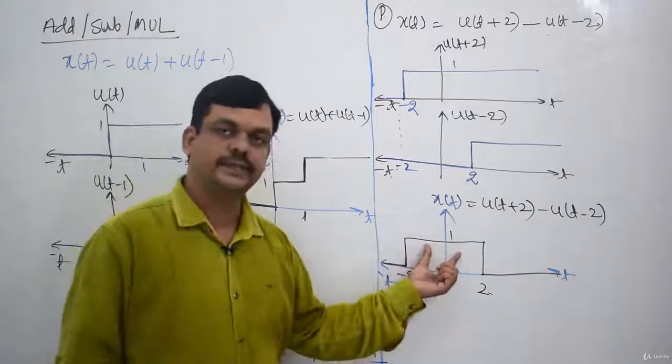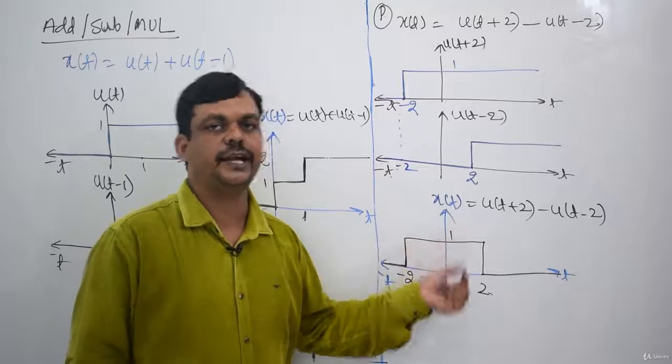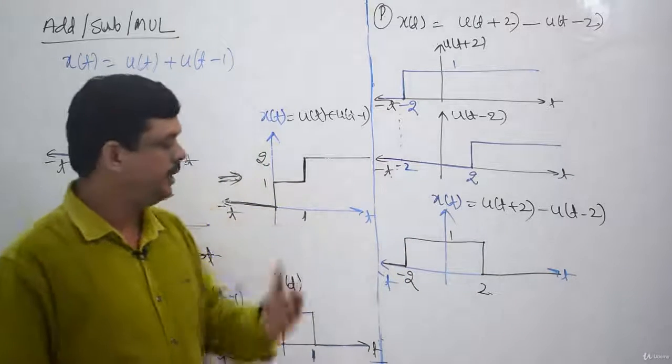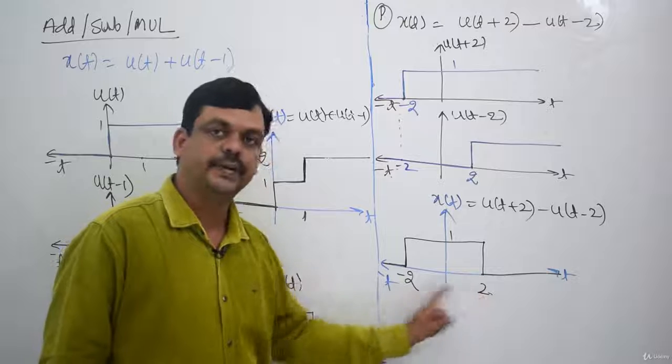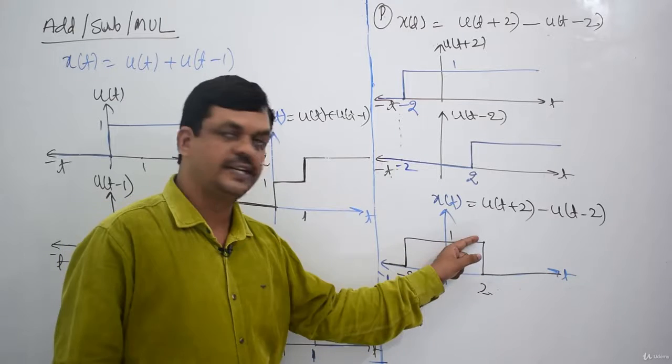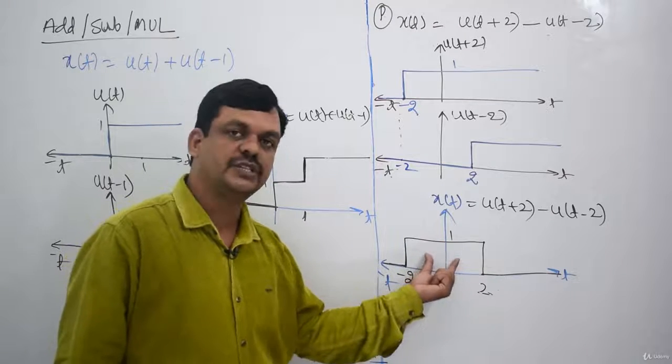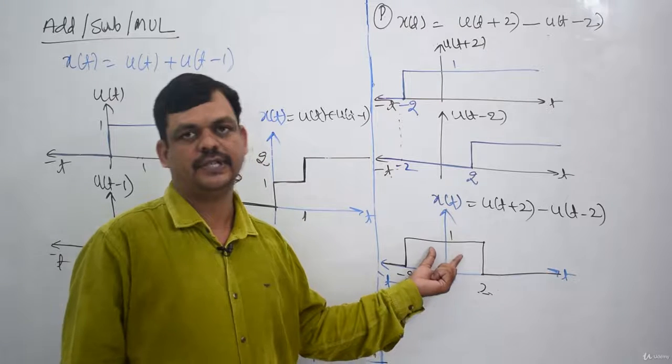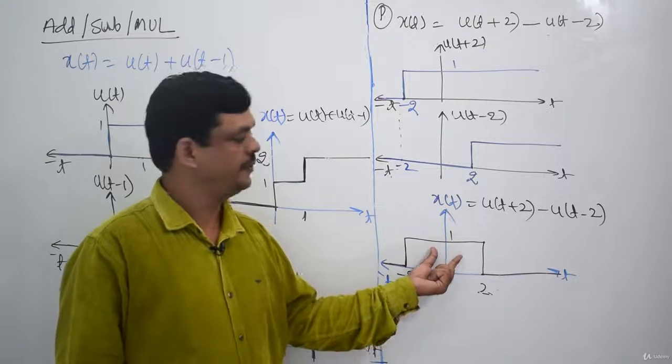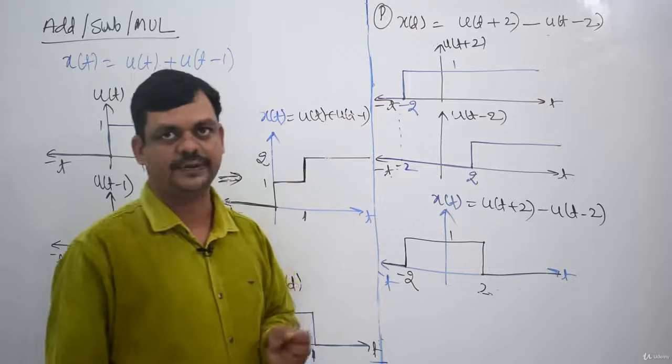Now this signal is similar to a rectangular function. In a rectangular function, in a particular time period, the amplitude of the signal is constant. These types of functions are also called rectangular functions or gate signals. Now this is similar to the gate signal here.